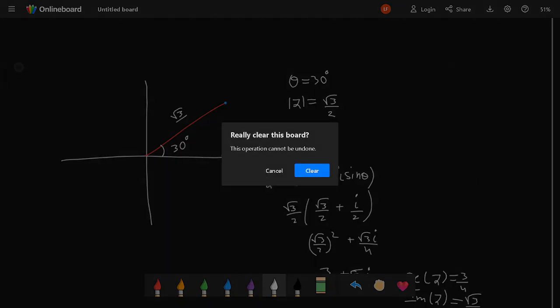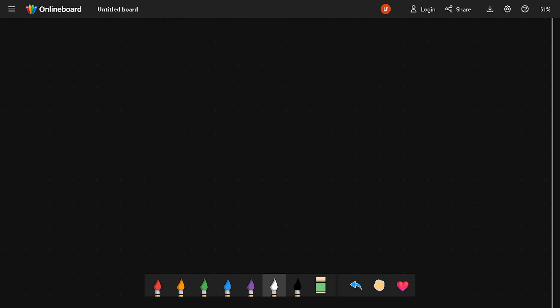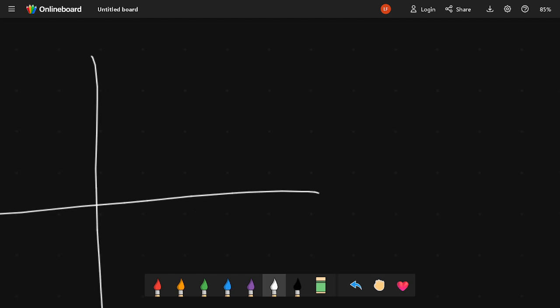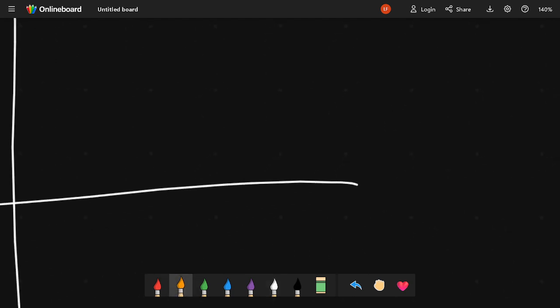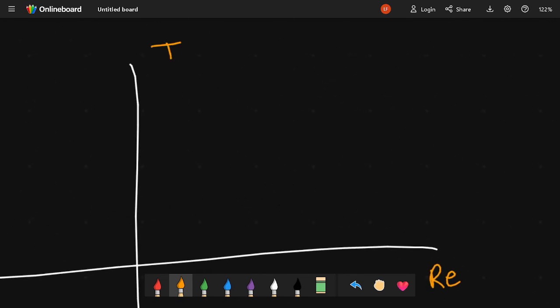And sometimes they'll give you a complex number and they'll ask you to find the polar coordinates. How do they do that? So, let's say this is your real axis and this is your imaginary axis.